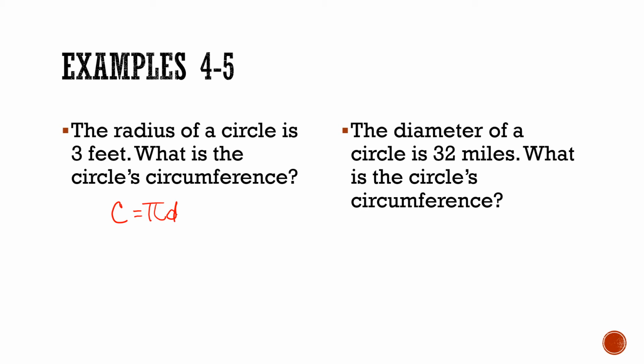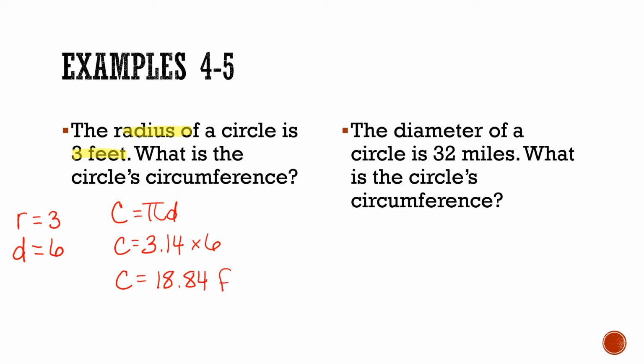However, it's important that I recognize that my radius, according to this problem, is 3 feet. So if my radius is 3, then my diameter is twice that, which is 6. So when I put my numbers into my formula here, I'm not going to use that radius of 3 because I'm using pi d. So I have to use my diameter, which is 6. So we're going to do 3.14 times 6 again and get 18.84. And this one is feet.